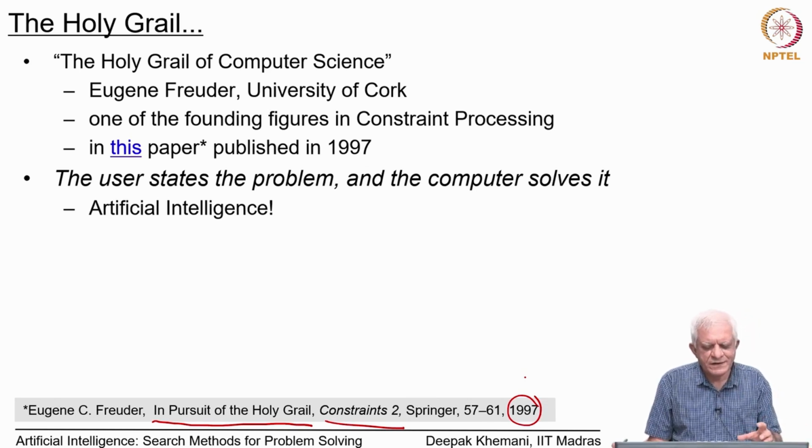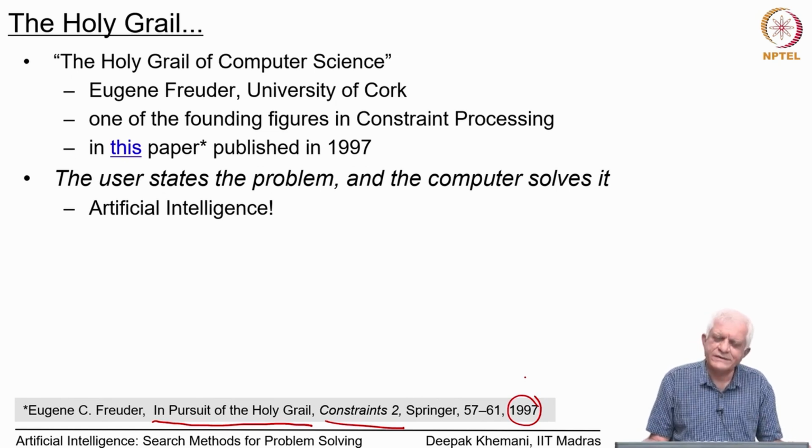But you can see that in some sense what he is saying is that the holy grail of computer science is to build AI, and by AI you can say that we mean something like this, that the user simply states a problem and the computer gives the user a solution. So, that would definitely be AI.